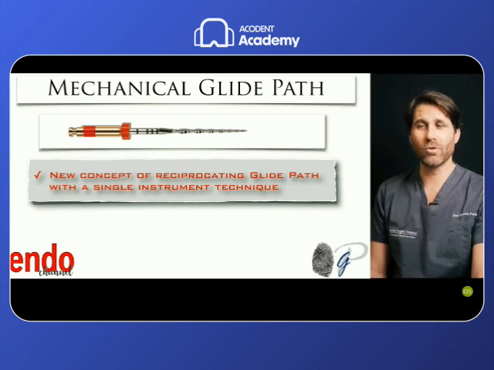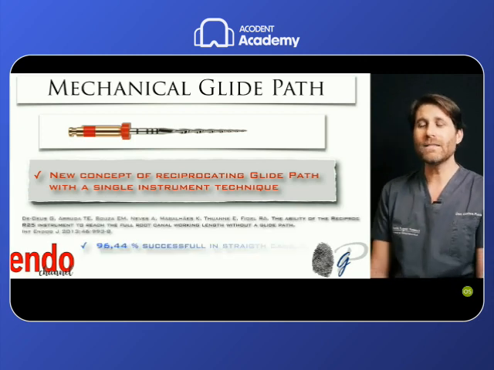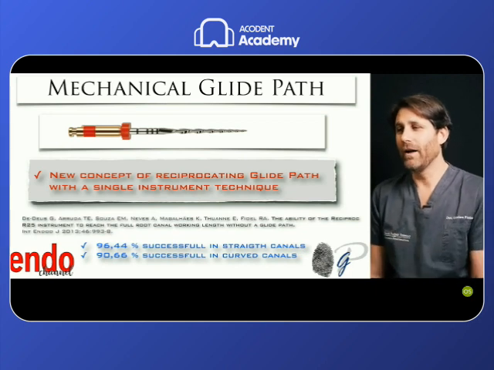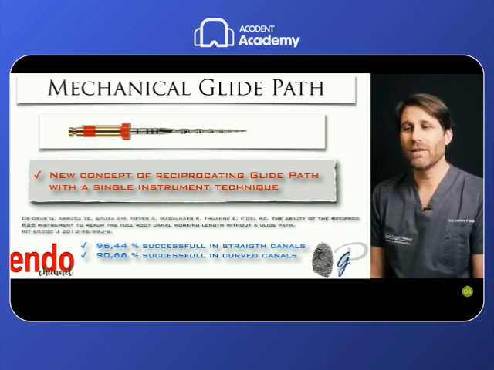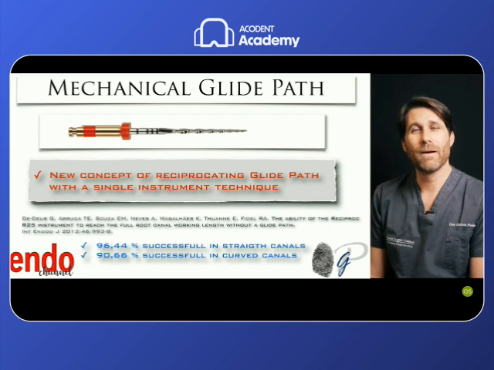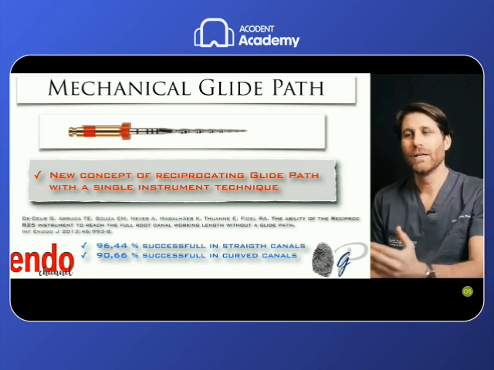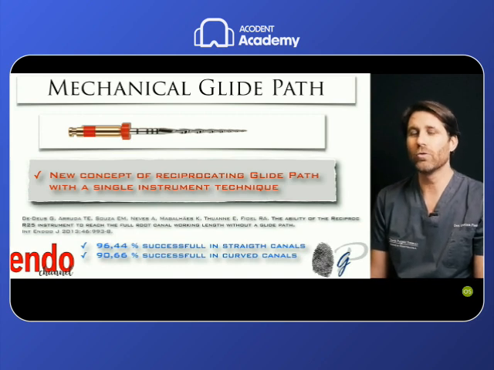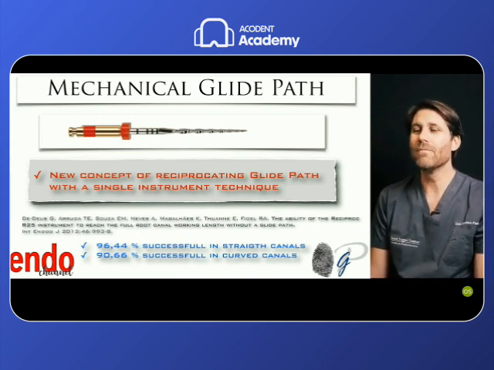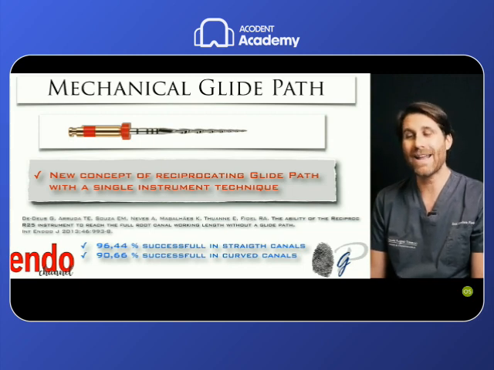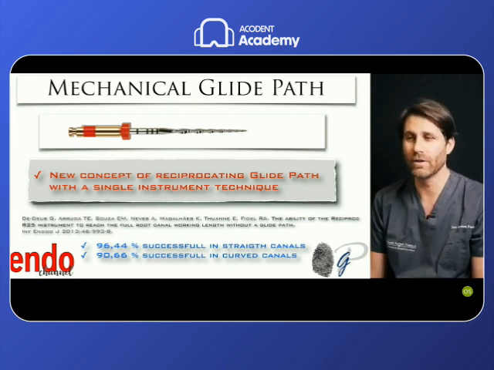Starting with the Reciproc 25 file, the studies of my very great friends Gustavo and Eric from Brazil have demonstrated that this preparation of the mechanical glide path in the coronal and middle third is able to reach the working length in more than 96% of the cases in straight root canals and more than 90% of the cases in curved root canals.